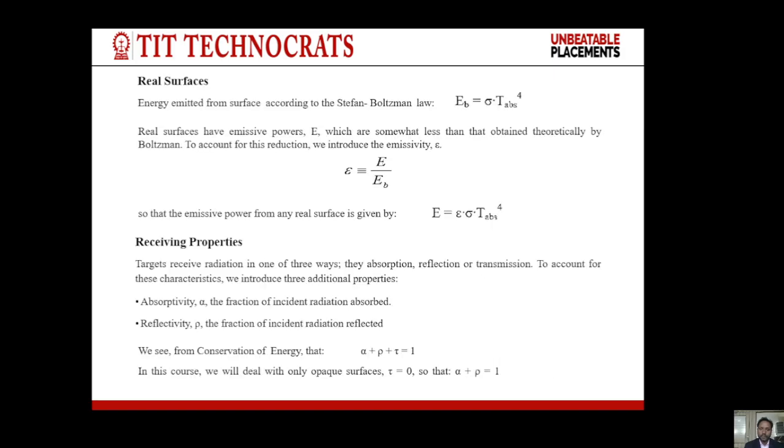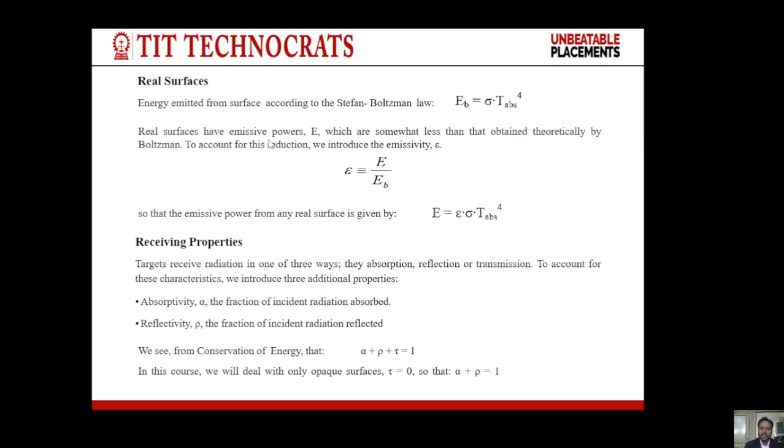Now the surface properties. We know that emission is radiation emitted from any surface, so we must know about the surface property, or the nature of the surface through which radiation is emitted. The first one is the real surface. For a real surface, the energy emitted according to the Stefan-Boltzmann law is E_b equals sigma T_abs to the power 4.